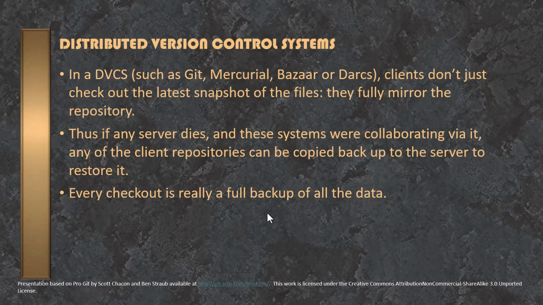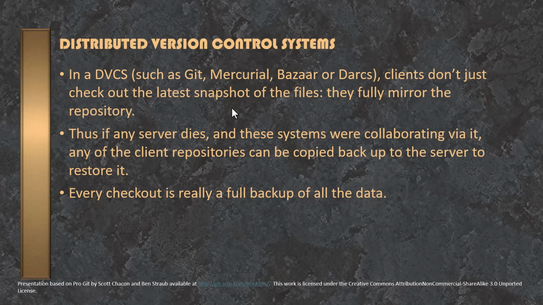The third type is distributed version control systems, and these are systems such as Git, Mercurial, Bazaar, Darcs, and a number of others. And so when you check out from a distributed version control system, you don't just get the file you're working on or the snapshot of the latest version.